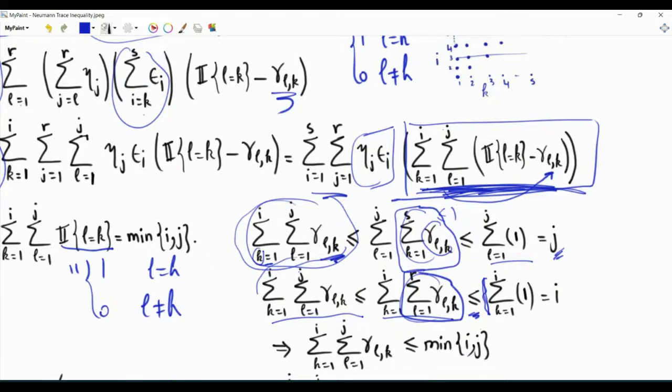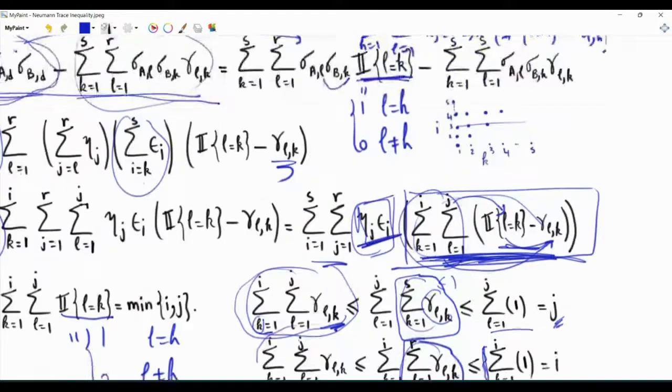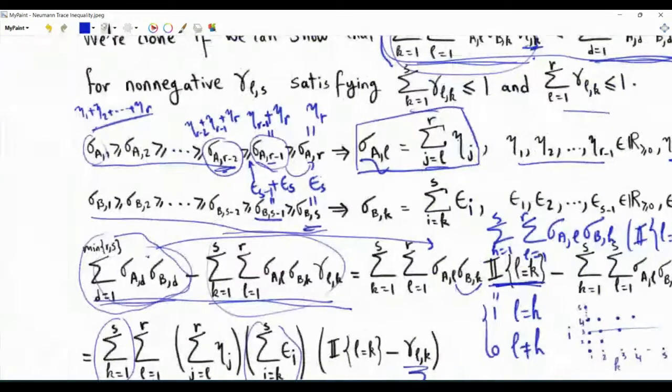So that's it. The double sum applied to the indicator will give the minimum of I and J. The double sum applied to gamma LK will give something that is the minimum of I and J or less. So when we take the difference and apply the double sum, we will get a non-negative quantity. Then we multiply it by those terms that are non-negative, so the overall term will be non-negative, which means that this difference is non-negative.